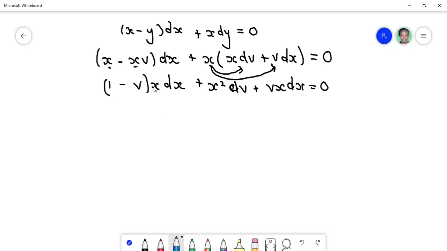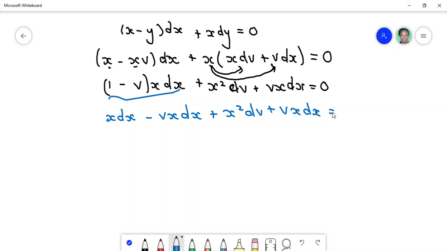Let me put it in the previous form: if I decide to simplify, I have x dx minus vx dx plus x squared dv plus vx dx equal to 0.